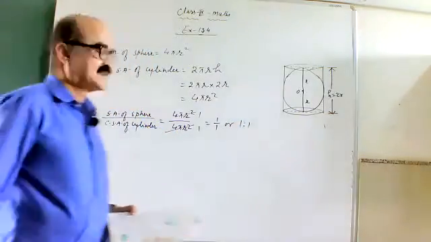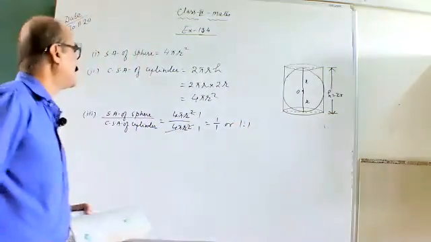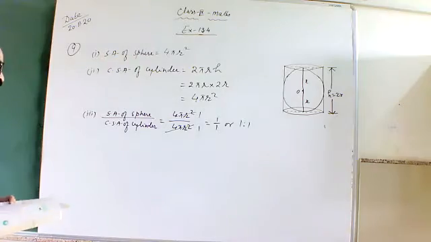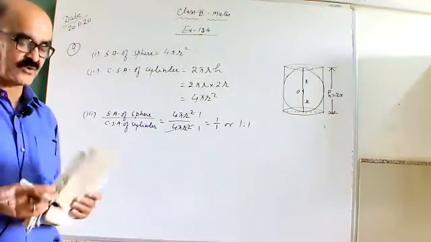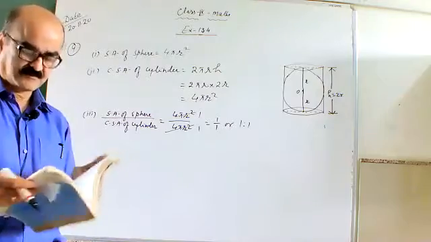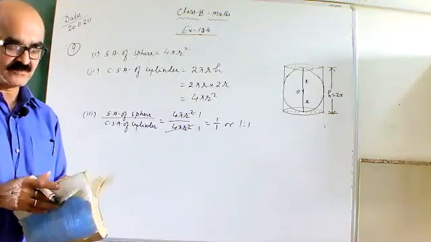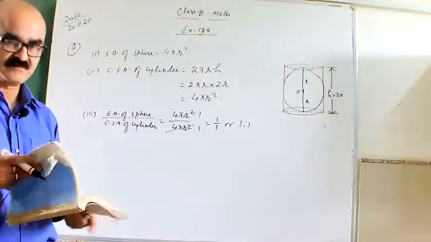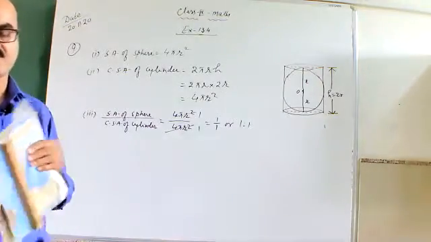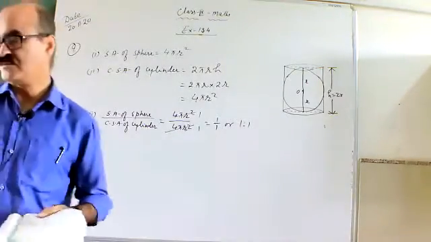So the surface area of both the figures will be 4 pi r square, and their ratio will be 1 is to 1. Is it okay? Is it clear now, Raghav? Harit? Yes sir. Okay, please note down.